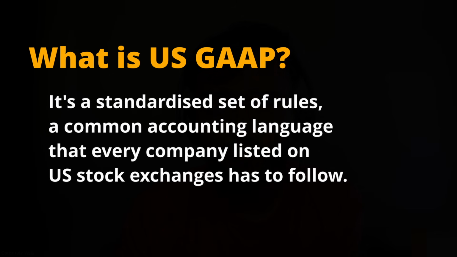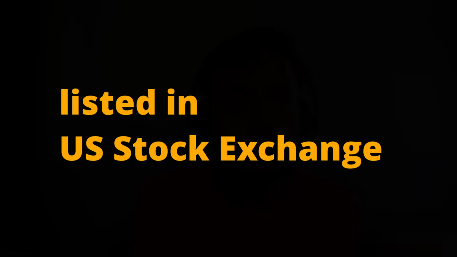And this is the exact problem which US GAAP solves. It is a standardized set of rules, a common accounting language that every company listed on a US stock exchange has to follow. So remember this: it is valid for all the companies who are listed on a US stock exchange. We are not talking about US companies only. Any company, no matter where it is from, if it is listed on a US stock exchange, needs to follow US GAAP.